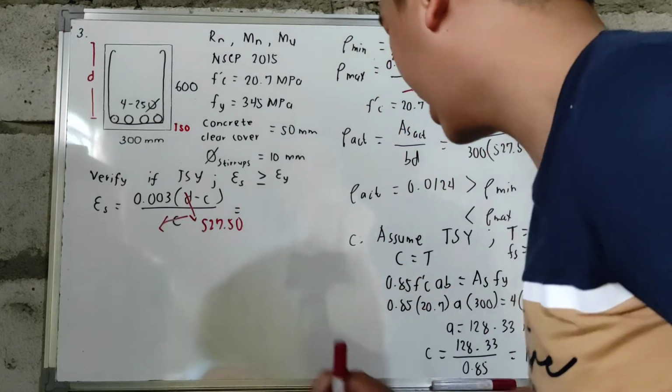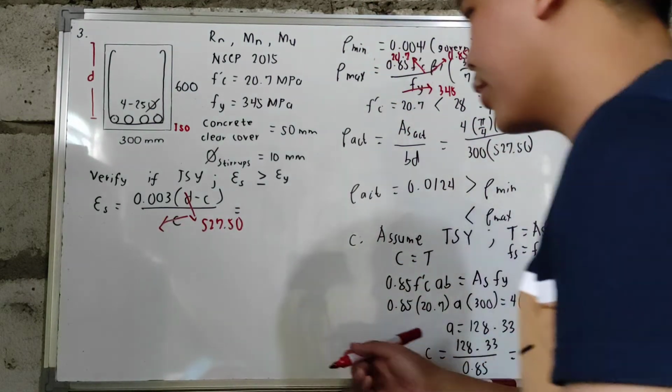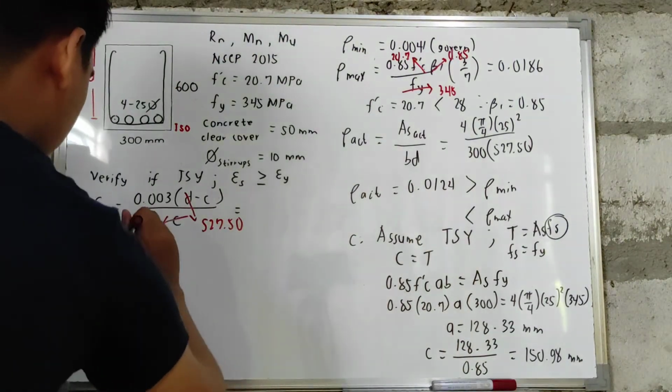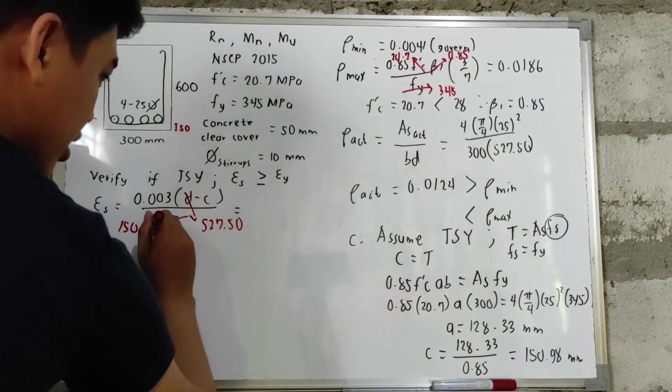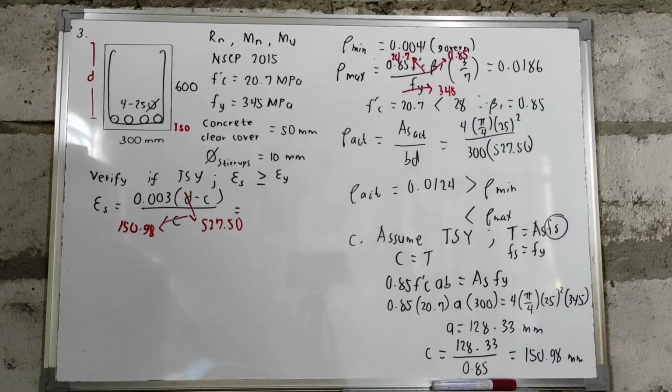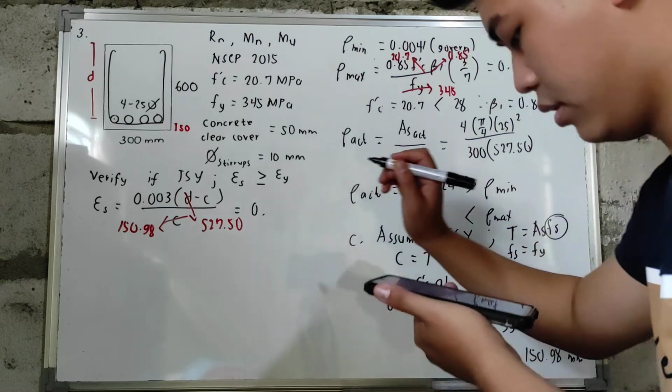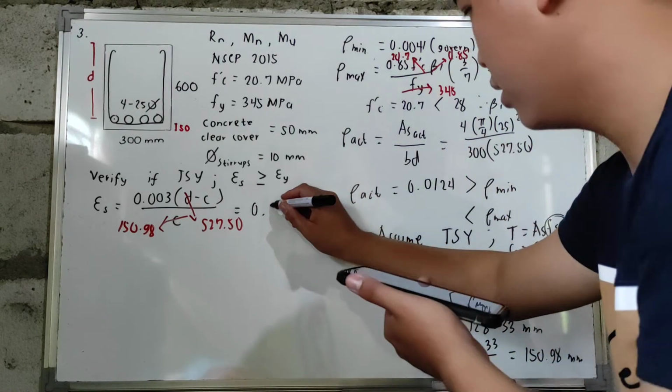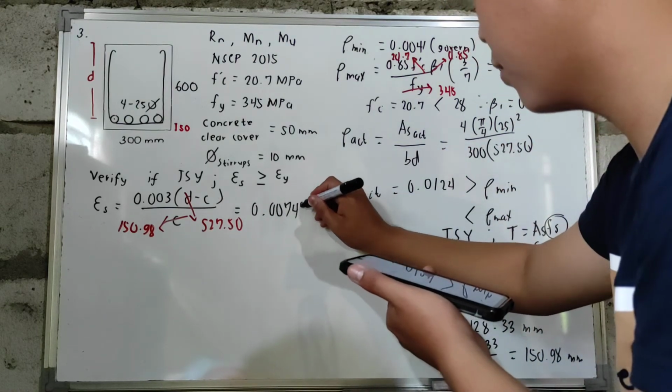Tapos, yung c natin, which is equal to 150.98. So, substitute lang natin yung mga values natin. So, you will have a value of your epsilon s, which is equal to 0.00748.